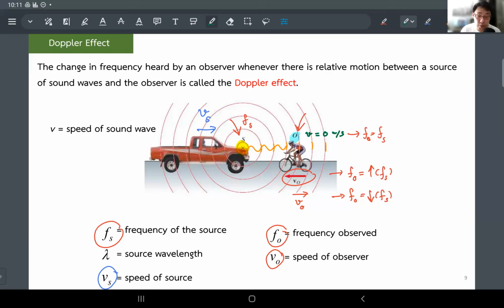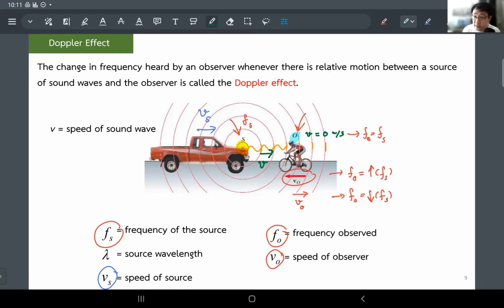We learned it from the two lectures in the past. So the wave itself, the sound, has its velocity. So what we are looking at right now, you have three speeds: the observer speed, the source speed, and the wave's speed. With me? Don't get confused because there are three things that are moving right now.